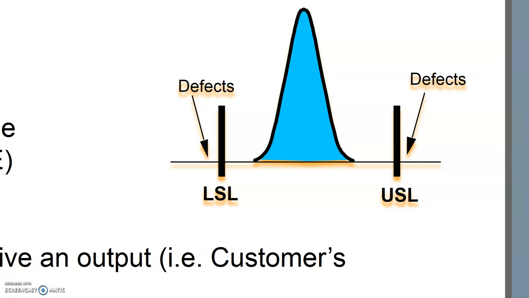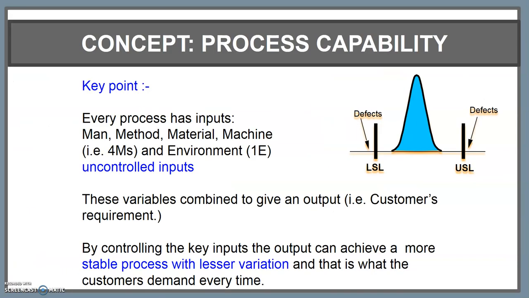For example, I am your customer and I tell you I want this product produced at 2 cm, and the upper limit I can set is 2.3 cm. So if your process can produce a product between 2.0 and 2.3, that means your process is very good, very stable and very capable.